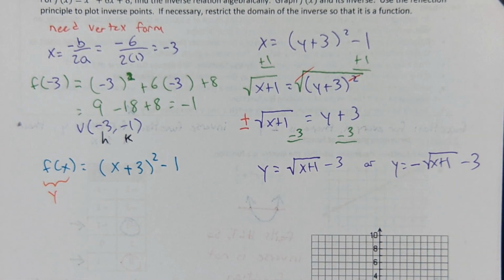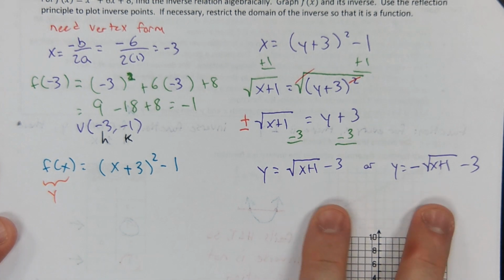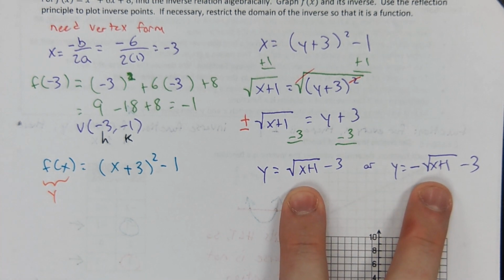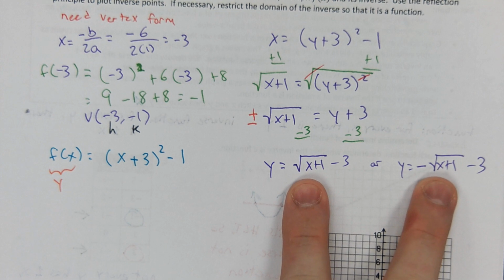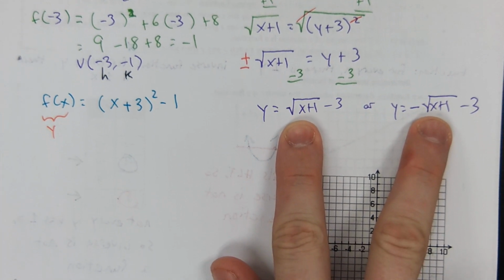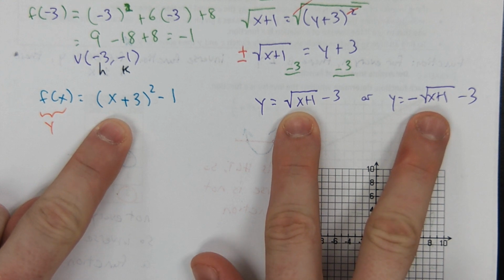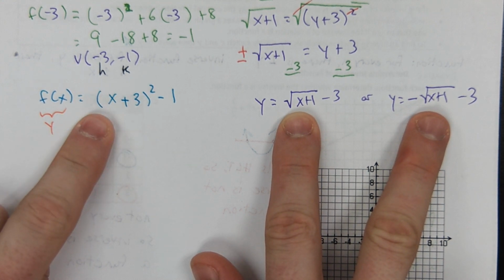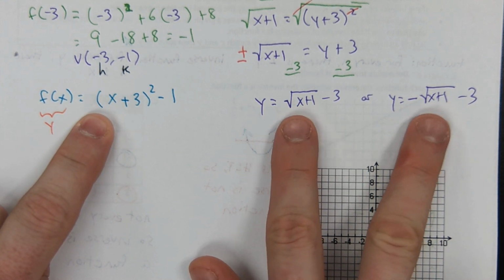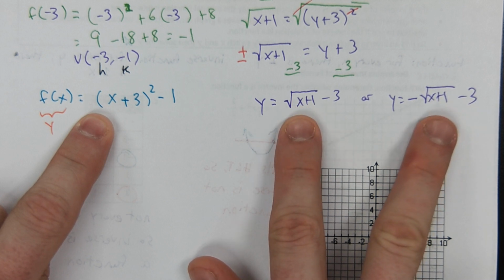But because I know what's coming up, I'm going to graph my quadratic in two different colors, and I'm going to graph these in two different colors. All right?